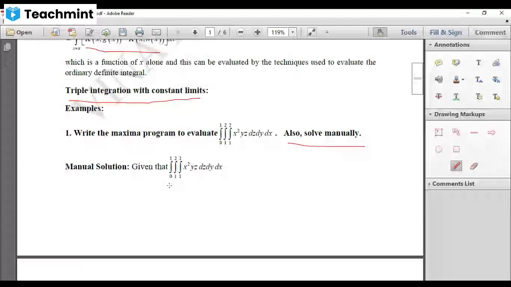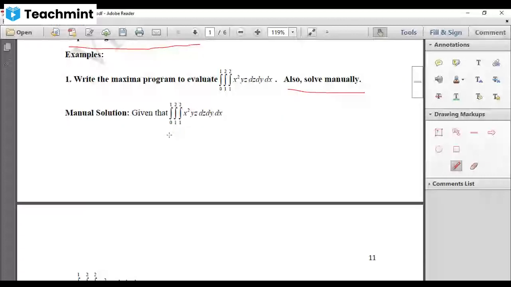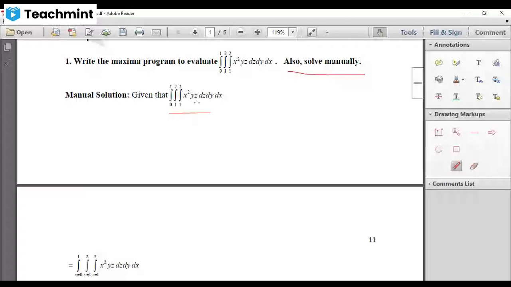Now what are they given? They are given this integral. Now here, since the limits are constant, first we need to identify the region, that is V. In that, which variable is varying from where to where, that we need to identify. Since they are given dz dy dx here, first you have to integrate with respect to z.